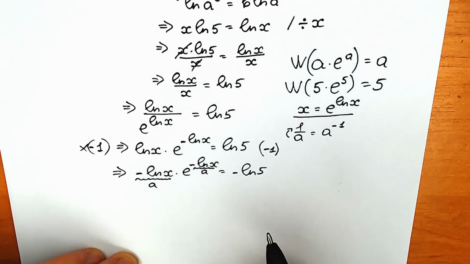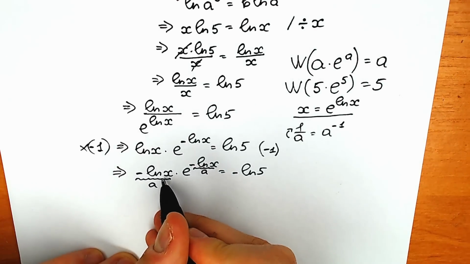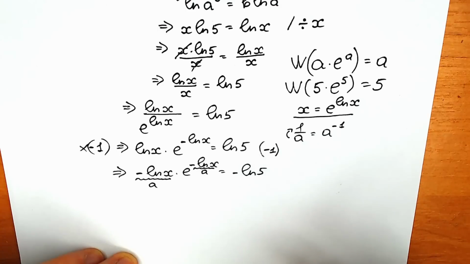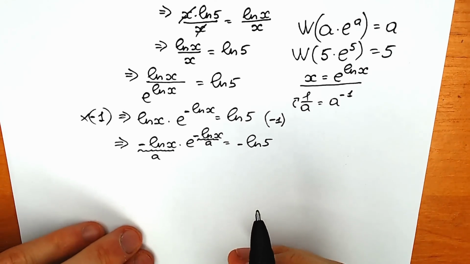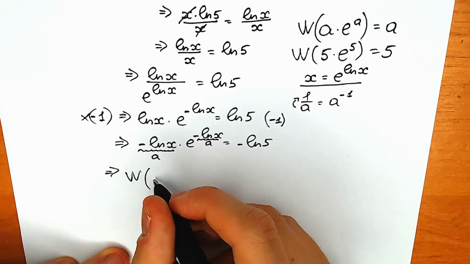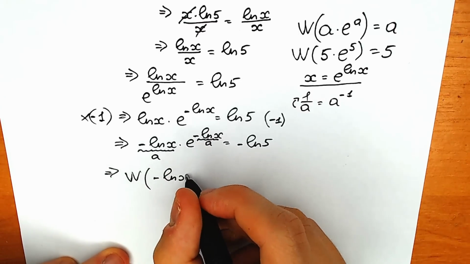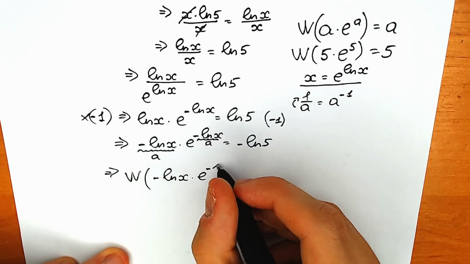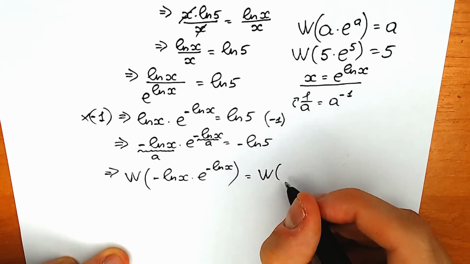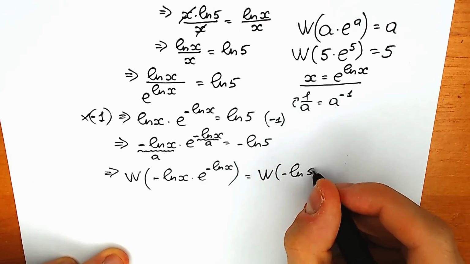And right now we can easily do this because we have the same minus natural log x, we have e, and we have the same power of this e, minus natural log x. So right now let's apply the Lambert W function. Let's see what will happen. So Lambert W function of minus natural log x times e to the power minus natural log x equal to, don't forget about the right side, Lambert W function of minus natural log 5.